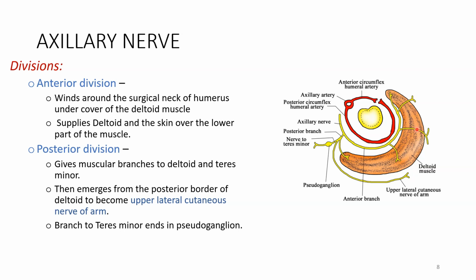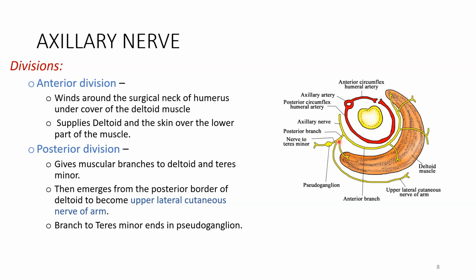That's about the anterior division. Coming to the posterior division, it gives muscular branches to the deltoid and teres minor. Then it emerges from the posterior border of deltoid to become the upper lateral cutaneous nerve of arm.